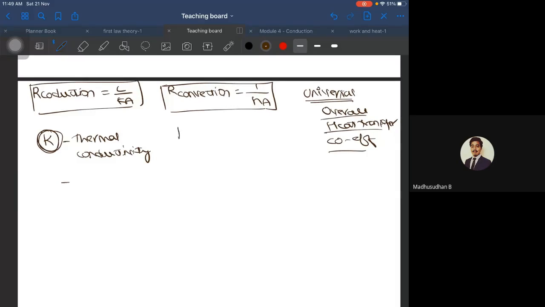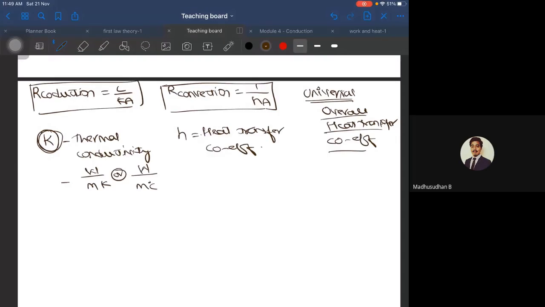What is h then? What is h? Heat transfer coefficient.